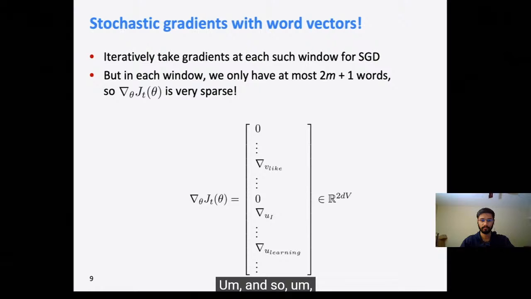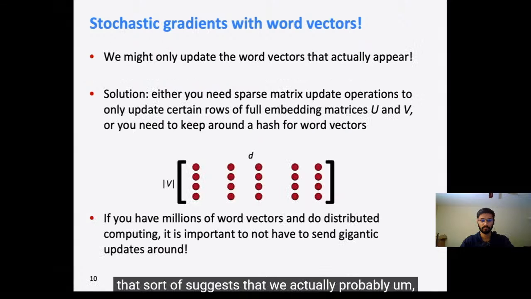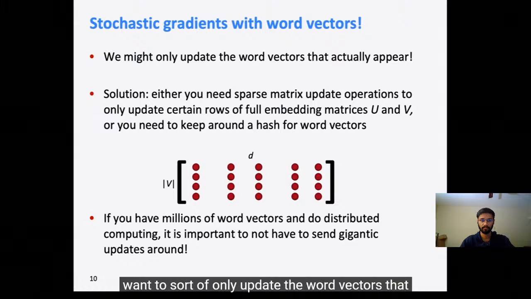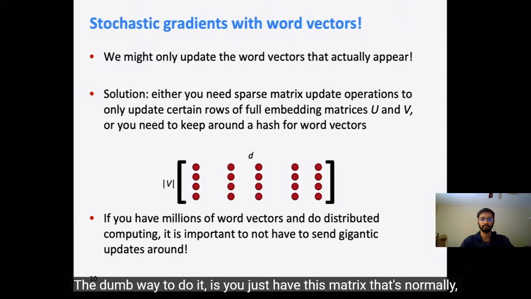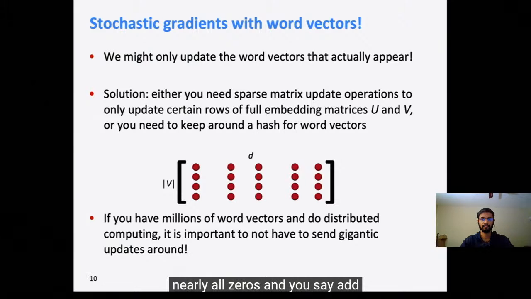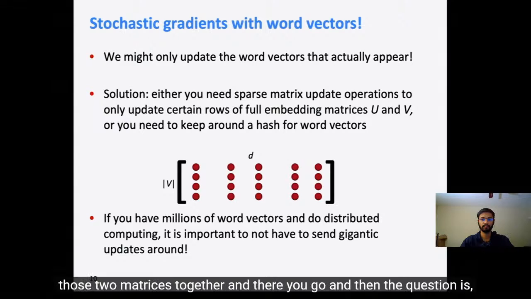And so we really have this very sparse parameter update. That suggests that we probably want to only update the word vectors that appear. And then the question is whether you can achieve that. The dumb way to do it is you just have this matrix that's normally nearly all zeros, and you say, add those two matrices together, and there you go.